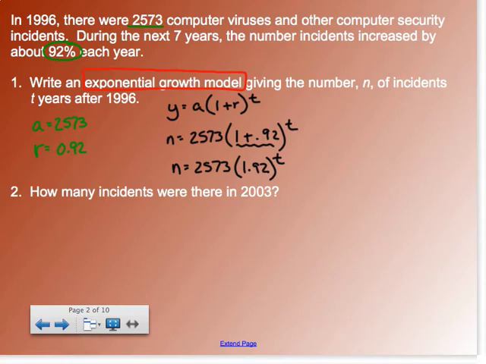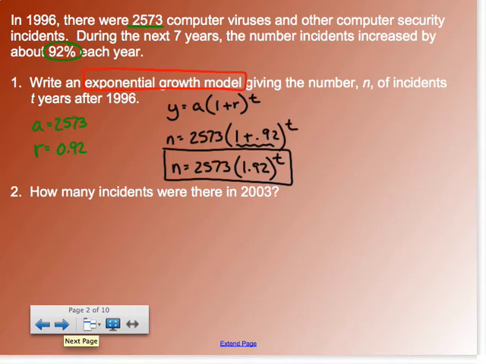Exponents come before multiplication. So realistically, the 1.92 is locked in by the exponent, and I can't multiply those two numbers together until I get the exponent out of the way. So that's the best I can do. It's the most simplified I can get. I think this in the middle of my screen is going to be my exponential growth model.